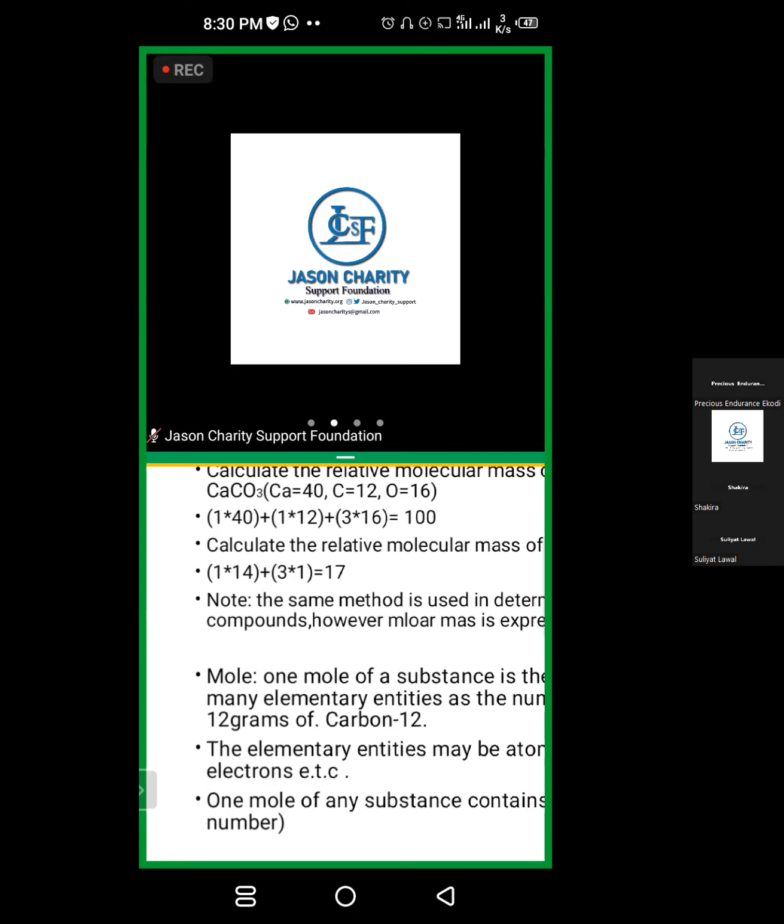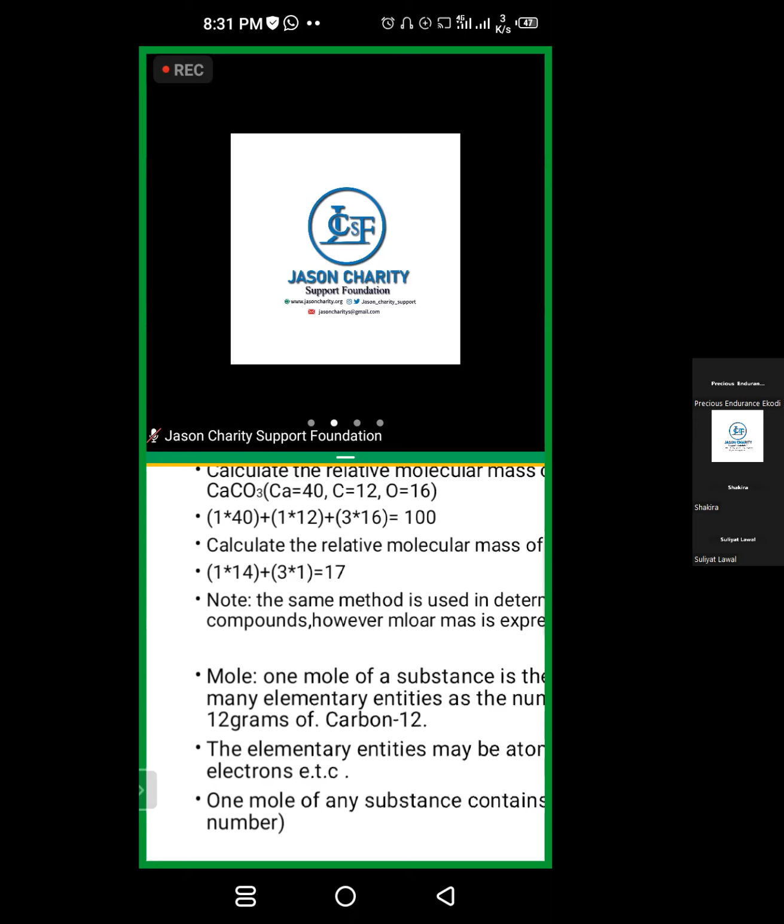So that's why we have 1 times 40 for calcium, because we have only one atom of calcium there, and its atomic mass is 40, plus 1 times 12, because we have only one atom of carbon, and the atomic mass is 12, and then 3 times 16, because we have 3 atoms of oxygen. I believe we can see the 3 there beside oxygen, times 16. That will give you a total of 100. So we are calculating the relative molecular mass of a molecule or a compound. It does not have any units.